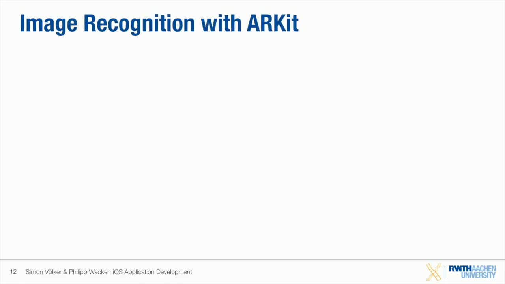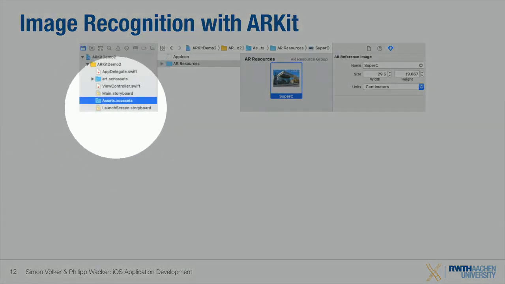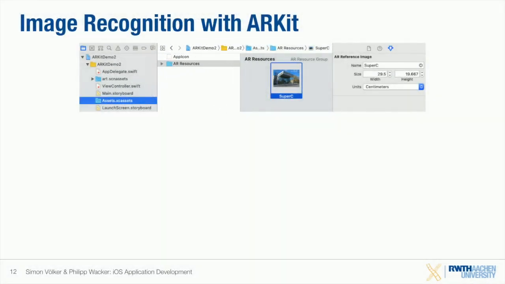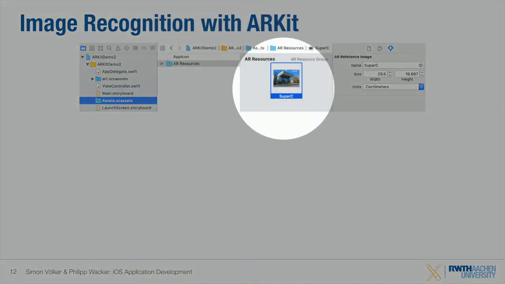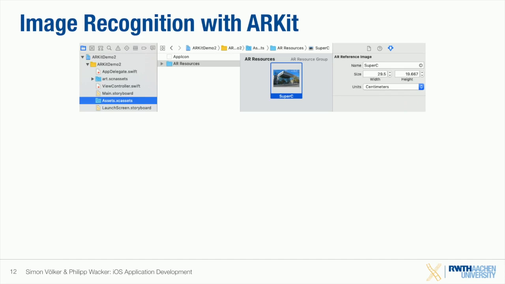And how would you set stuff like that up if I want to look for an image? It's also done in Xcode. So you have this assets folder there, and you can create an AR resource group for that. Specify this and just throw in an image and specify the real physical size, physical properties of that image.